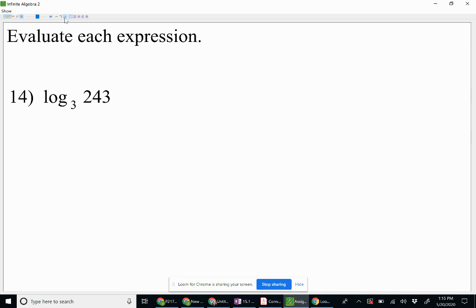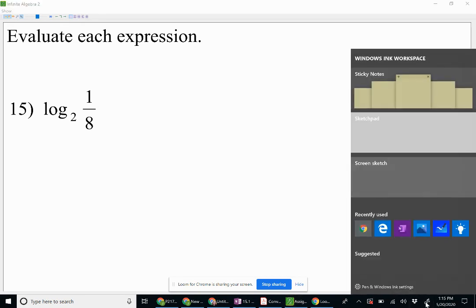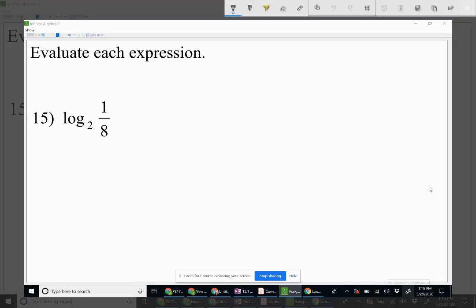2 to what power is 1/8? Okay, we've got a fraction, so we know we're going to end up with a negative exponent. Let's first figure out 2 to what power is 8. 2 times 2 is 4, times 2 is 8. So we know that 2 to the third equals 8.